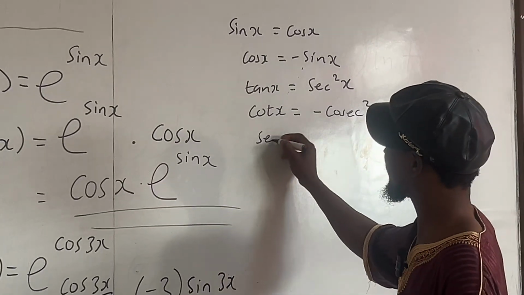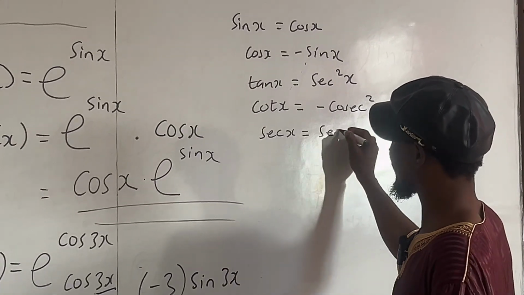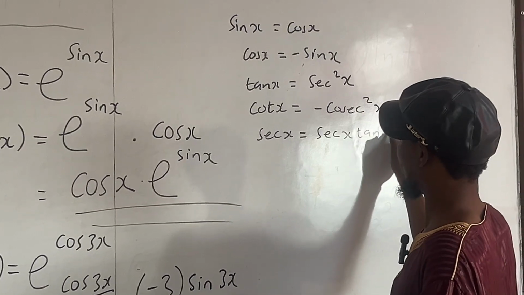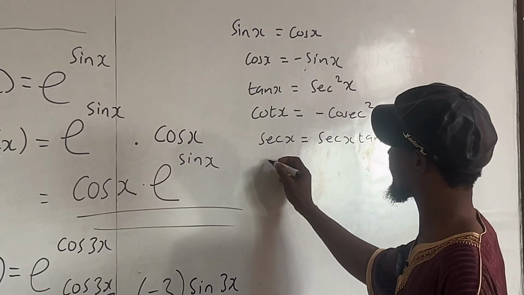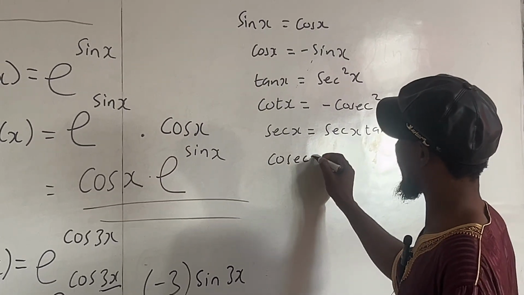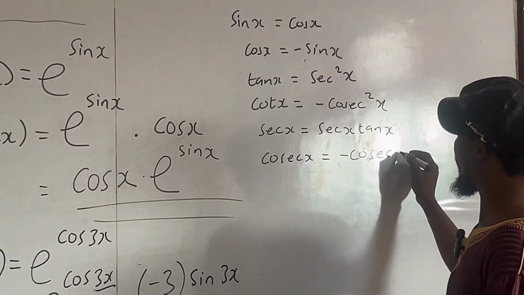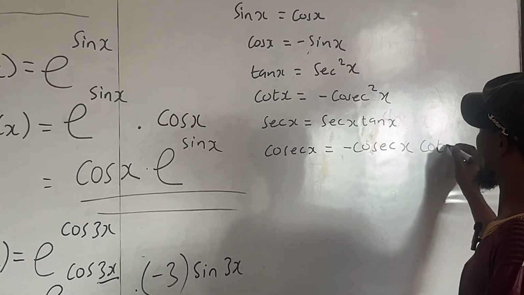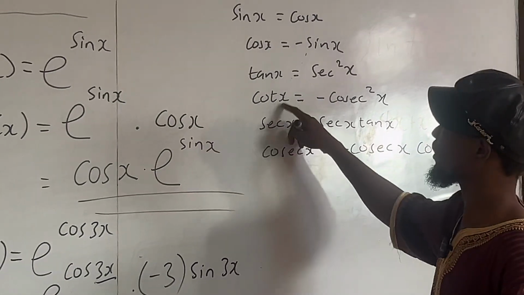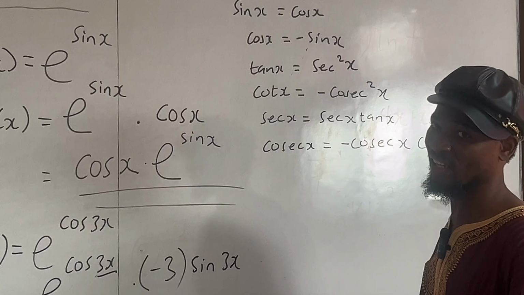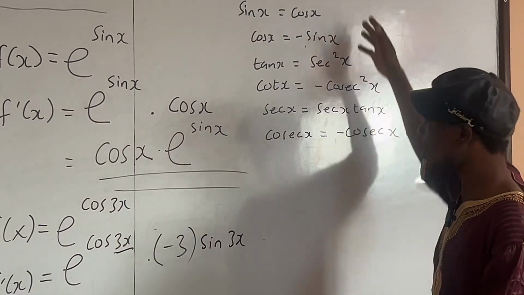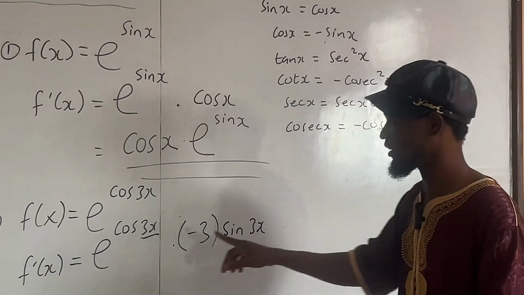When you differentiate sec x, you have sec x tan x. When you differentiate cosec x, you have negative cosec x cot x. As simple as that. So just make sure you remember all these identities.